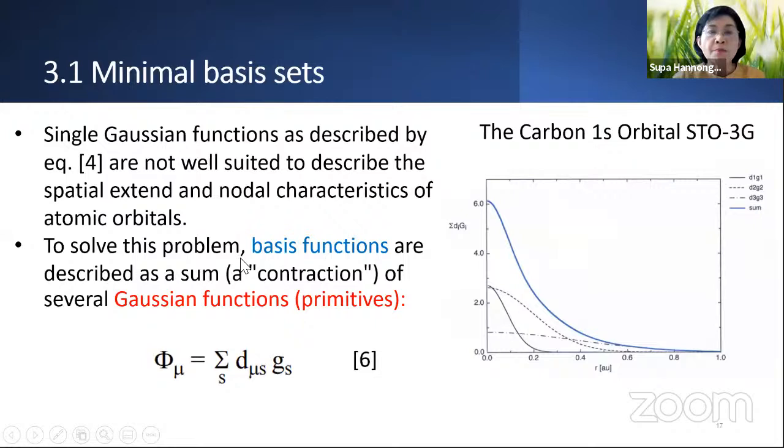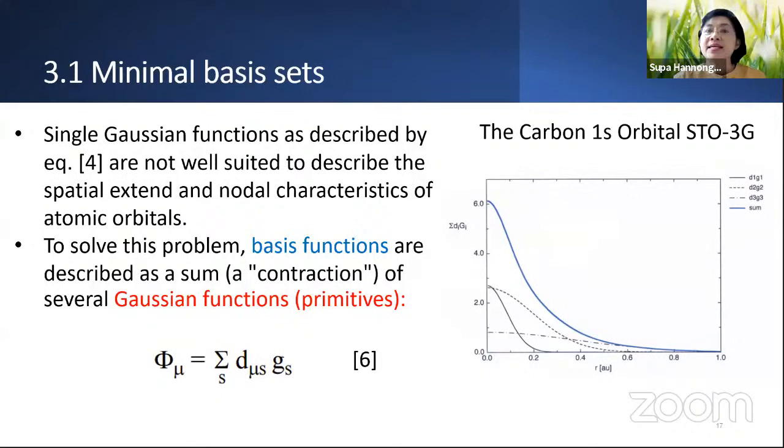To solve this problem, the basis functions are described as a sum, or another term, a contraction, of several Gaussian functions, which we refer to as primitives. Equation 6 is very important, so you need to highlight this equation 6. It is the Gaussian functions, sometimes I call them the primitive functions.